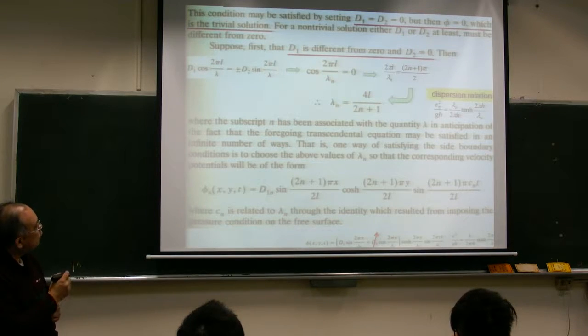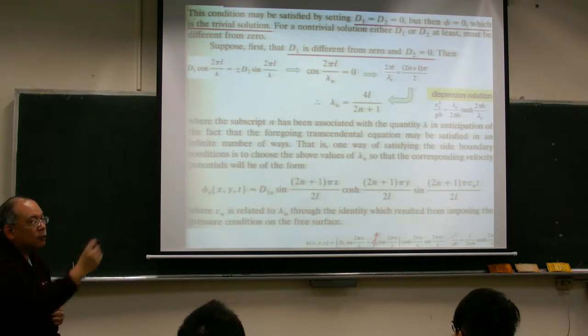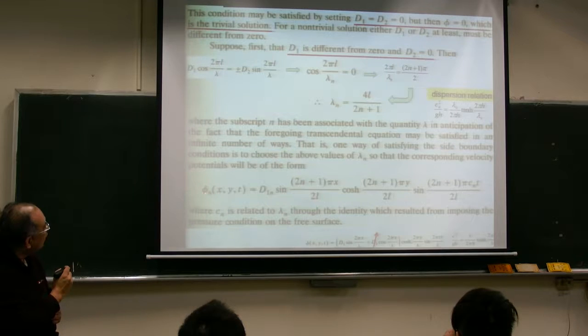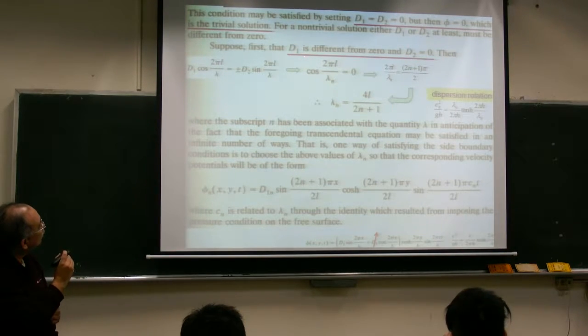So we can construct the first solution: if D2 equal to 0 and D1 is not equal to 0, we should have this lambda n equal to this.